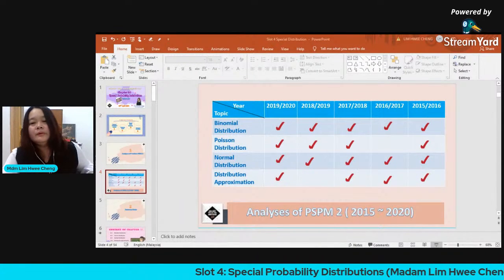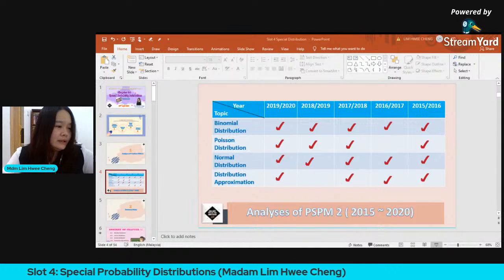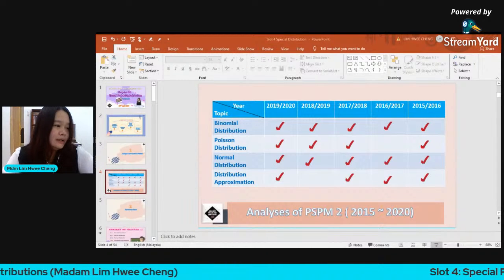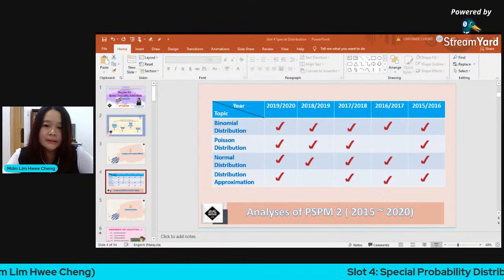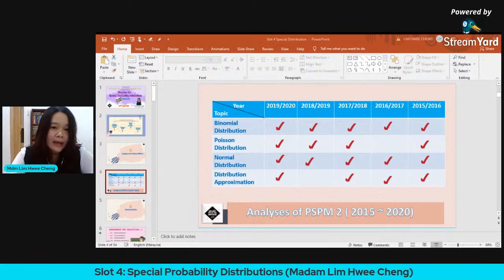Before we go further into the questions, let us go to the summary notes first. In this chapter, we have 4 main subtopics.